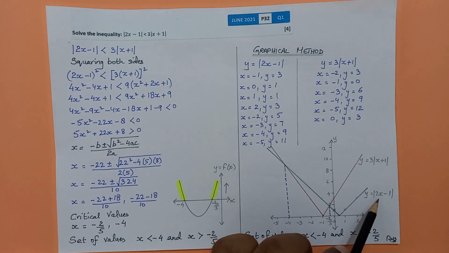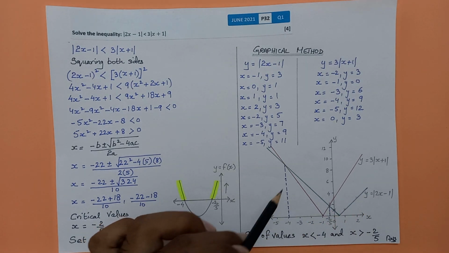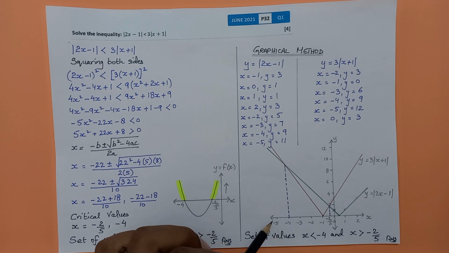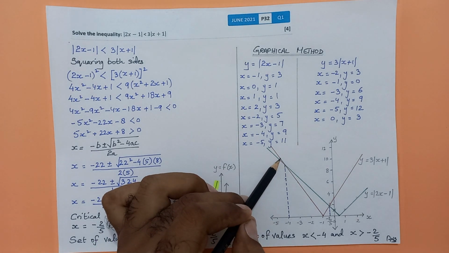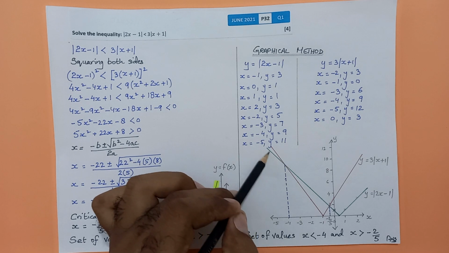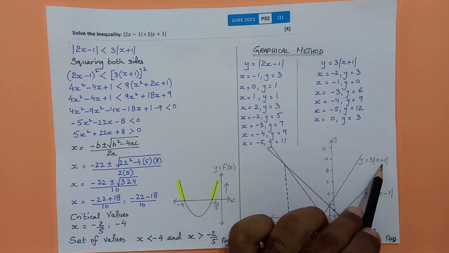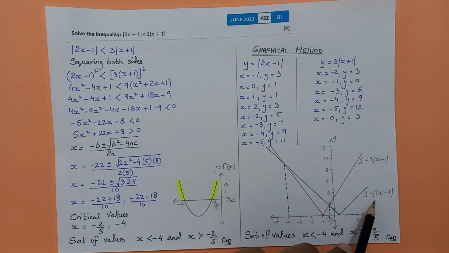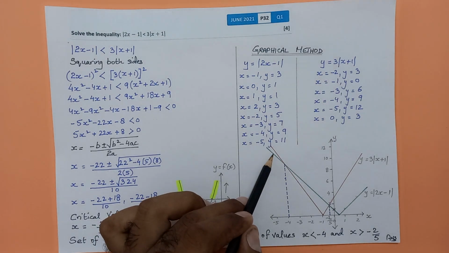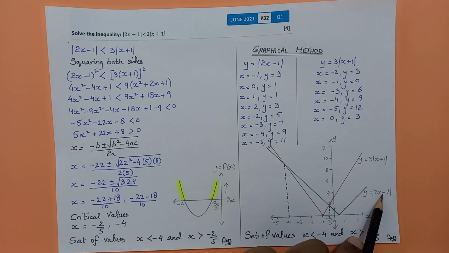If we take any value less than negative 4, again the red line is above the green line. That means the red one, represented by 3 modulus x plus 1, is greater than the green one.